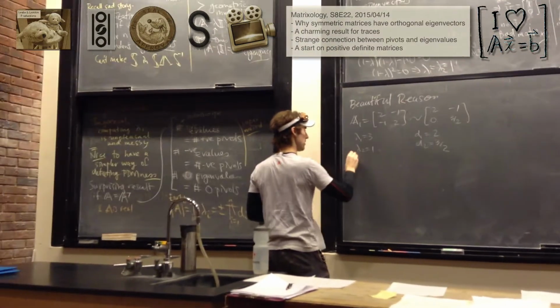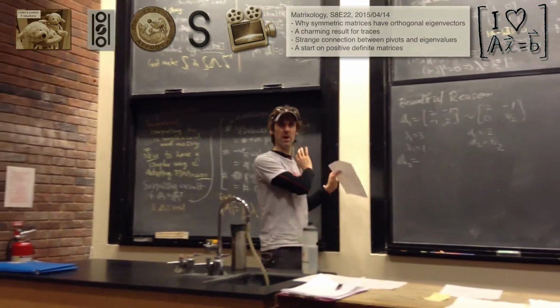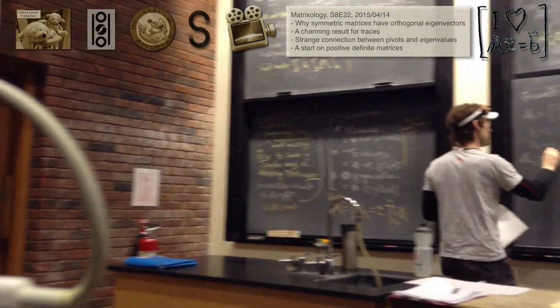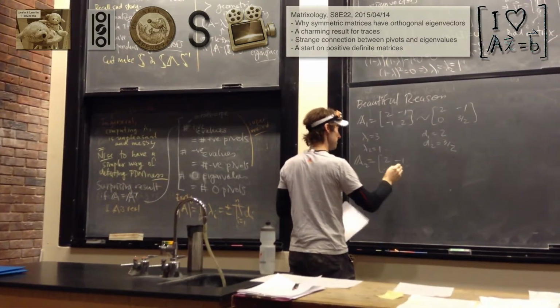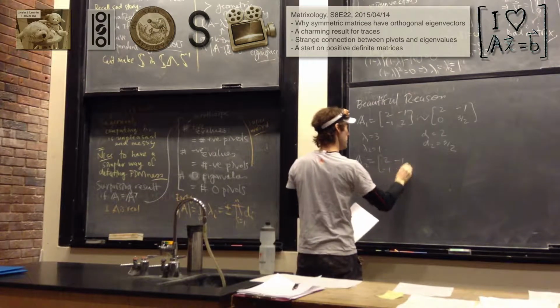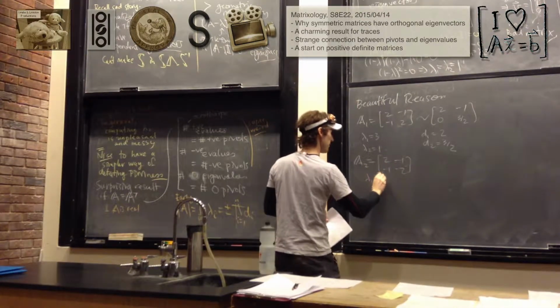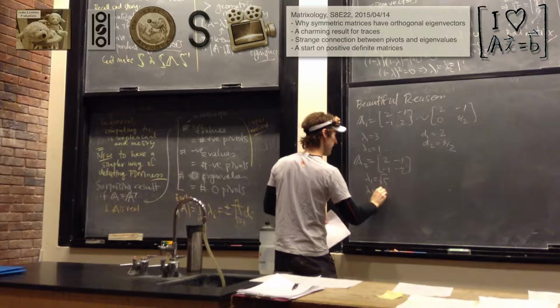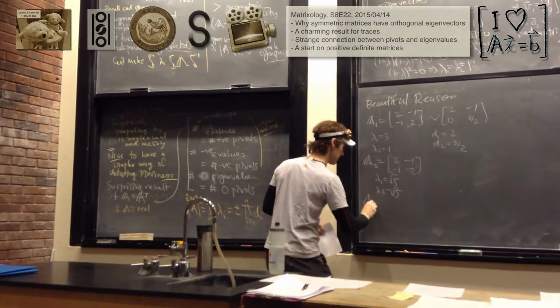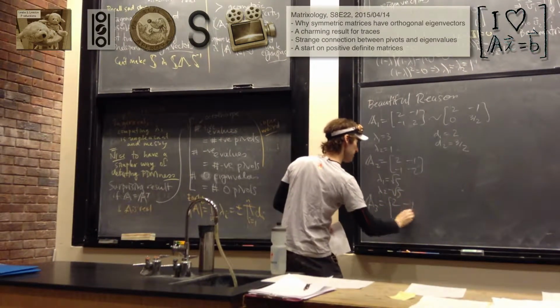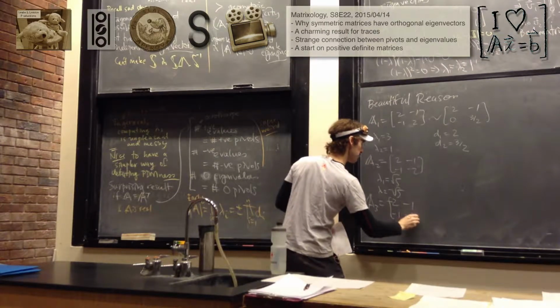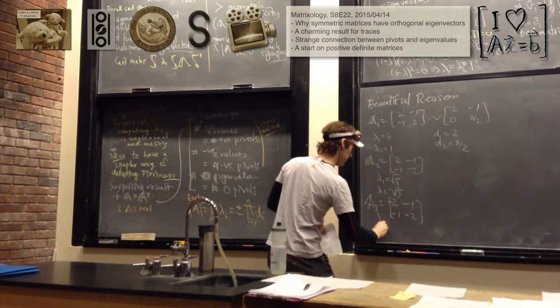So let's go through them all and see that this is just checking. Right? This is not a proof of anything. 2 minus 1 minus 1 and that's minus 2. And we had lambda 1 equals root 5, lambda 2 equals minus root 5. Scribble these ones down. See if we can make it into figuring these things out. Minus 1 minus 2. Lambda 1 equals minus 1.